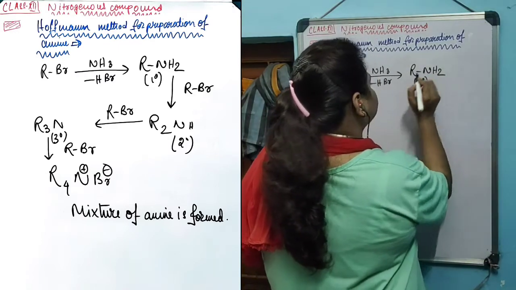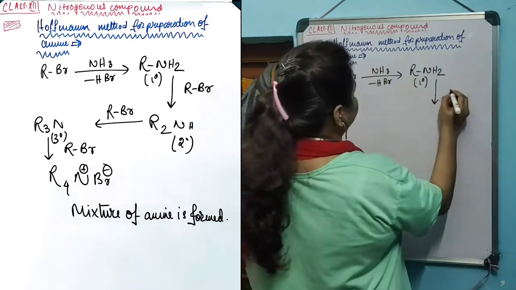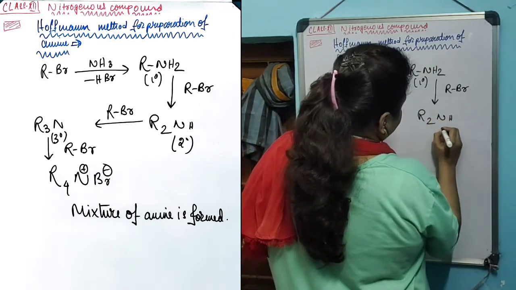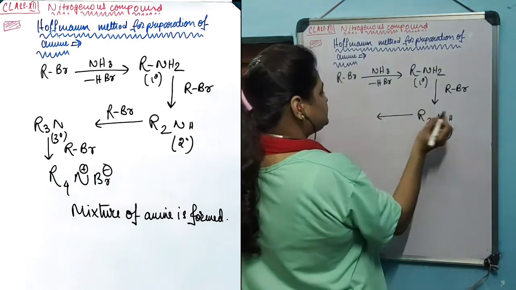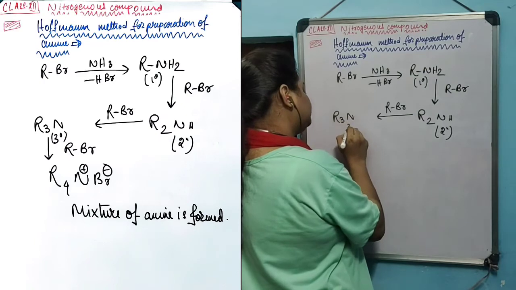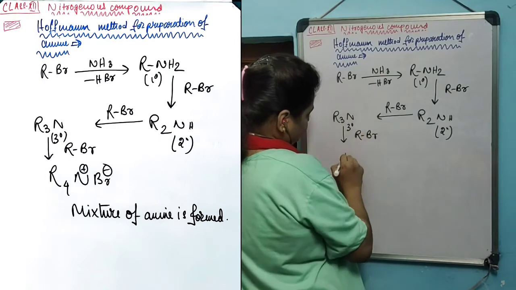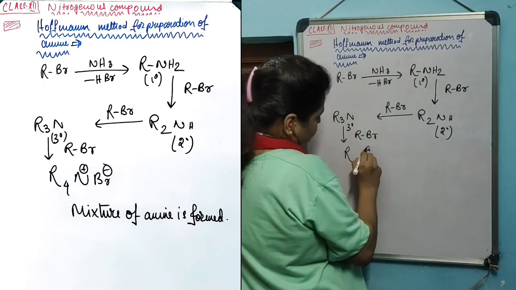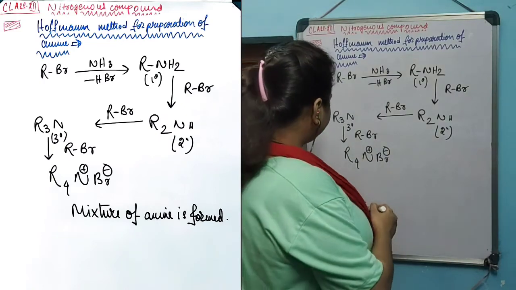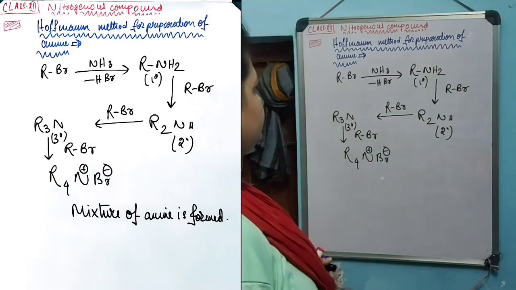Now, 1-degree amine itself spontaneously reacts with the remaining RBr to produce R2NH, which is 2-degree amine, which then attacks remaining RBr in the medium and produces R3N or 3-degree amine, which again attacks remaining RBr and produces R4N+ and Br minus. Quaternary ammonium bromide is produced. This method is known as the Hofmann method for the preparation of amine.